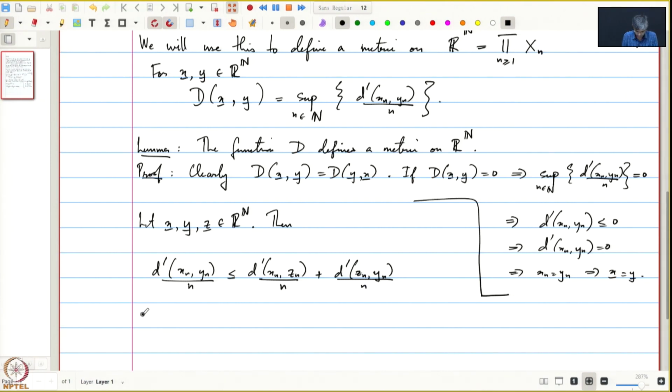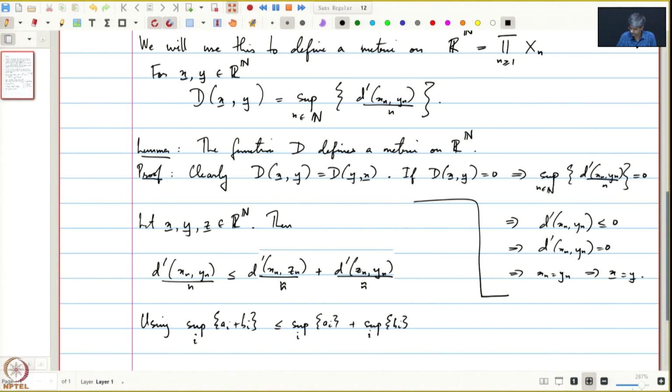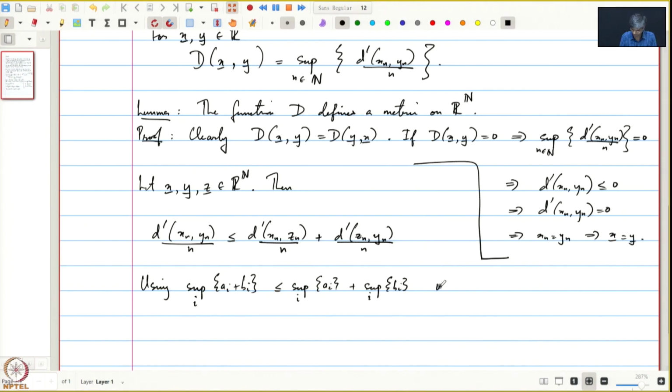Now using the fact that the supremum of a_i plus b_i is less than or equal to the supremum of a_i plus the supremum of b_i, when we take the supremum over here we get d of x comma y is less than or equal to d of x comma z plus d of y comma z. So this implies that d defines a metric.